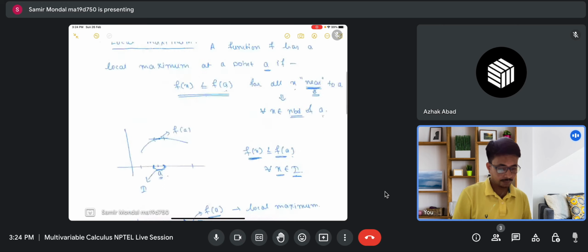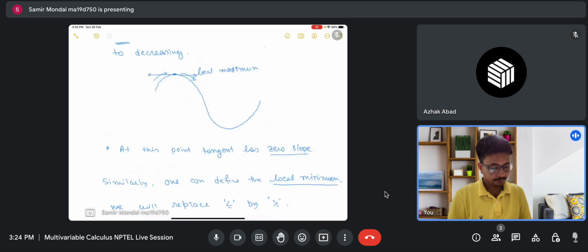So graphically we can observe this. At this point f of x is greater equal to f of a for all x belonging to a neighborhood of a.